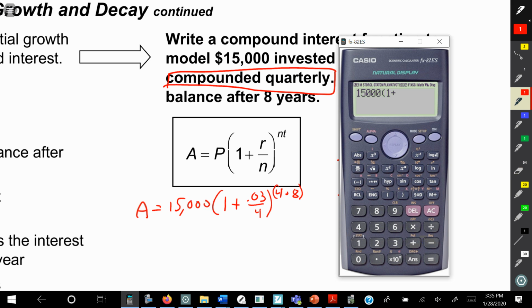There's a couple of ways to do it. On this calculator, I'm going to hit this button here and just type it in: 0.03, tab down, and type 4. Then tab on over and close parentheses.